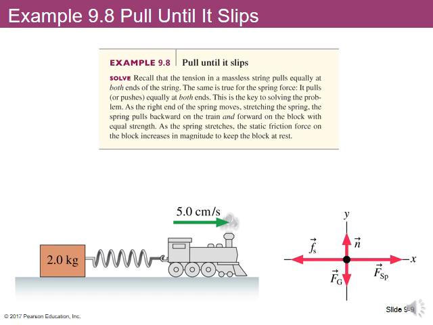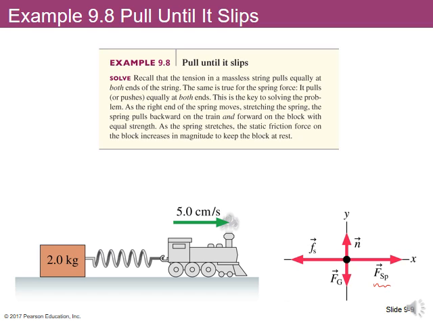Now think about what happens just before the block begins to slip. As the train moves forward, the spring is stretched more and more because initially the block doesn't slip, so it stays in place. So you're stretching the spring more and more, so the spring force over here is getting bigger and bigger. Well, what happens to the static friction force in response? The static friction force also increases.